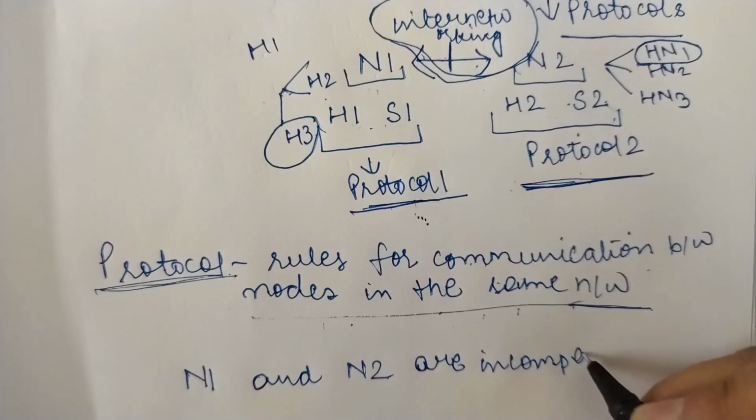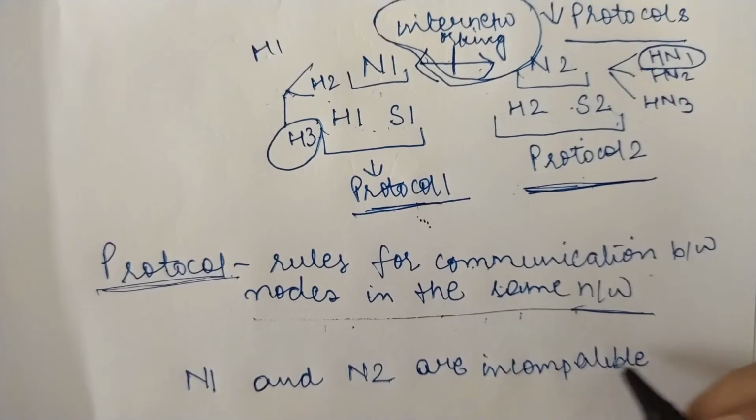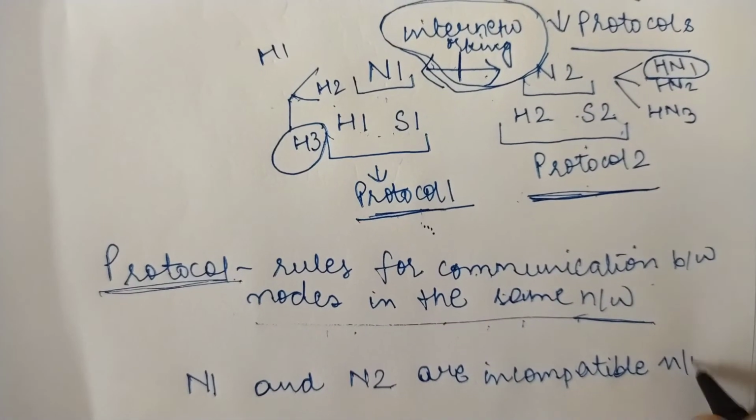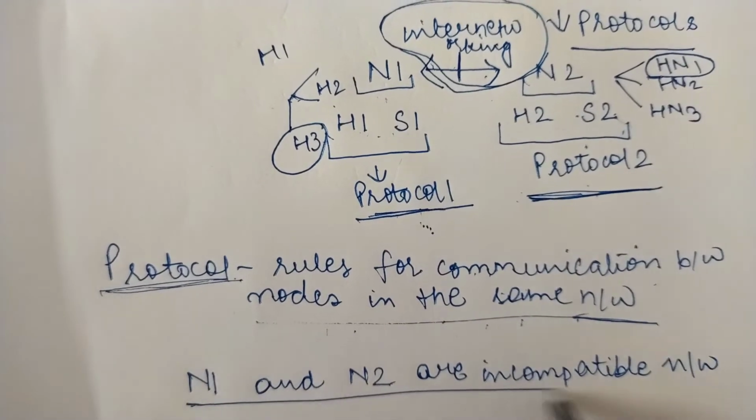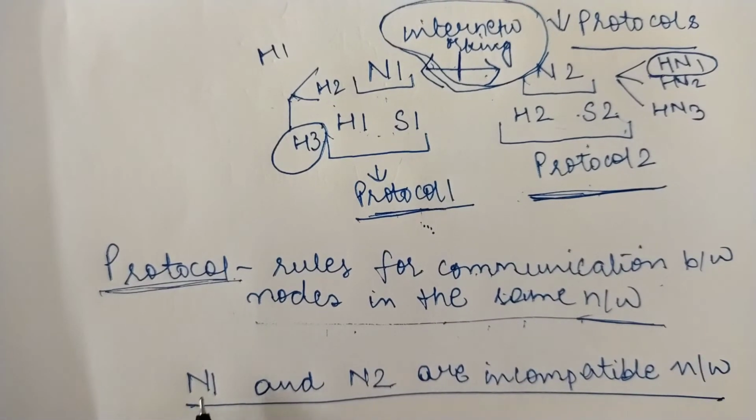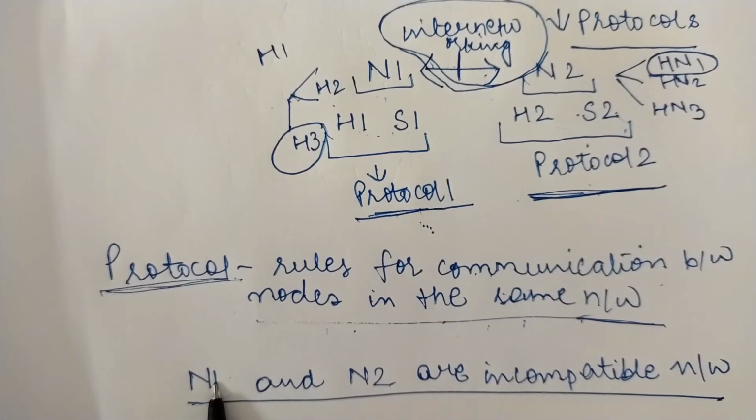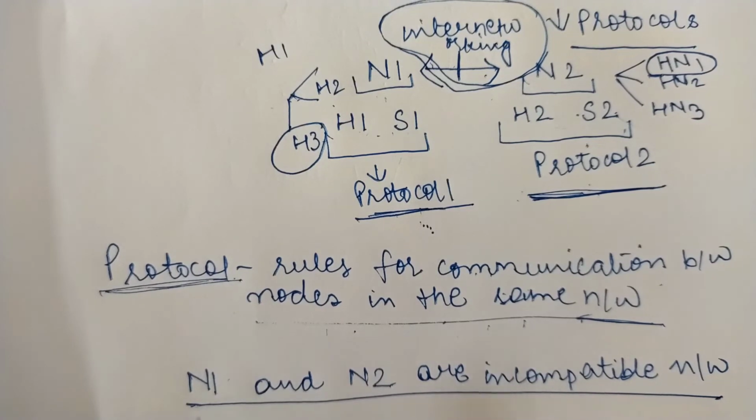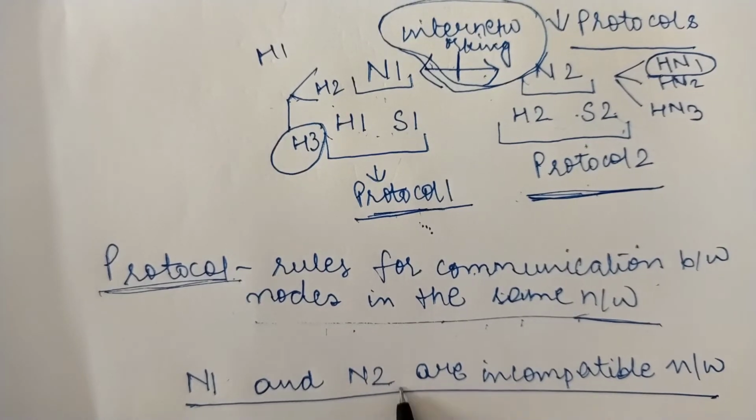They are not compatible with each other. This is a completely different network with different hardware and software configuration and different protocols, and N2 is also a completely different network with different hardware and software configuration and different protocols. So I can say that they are incompatible networks.